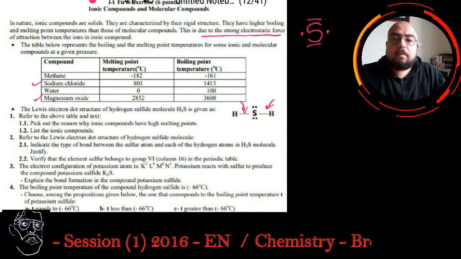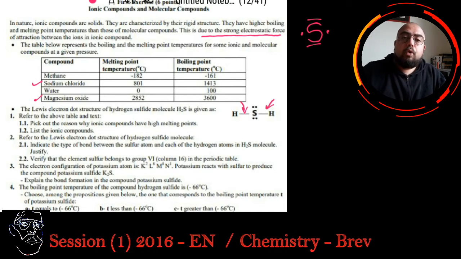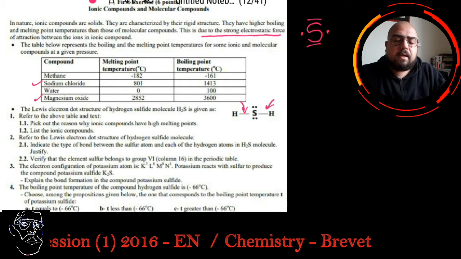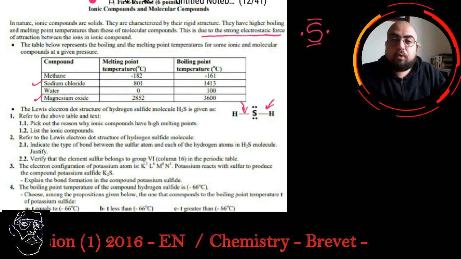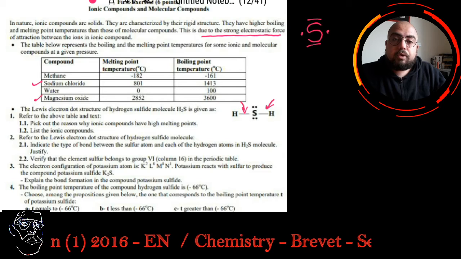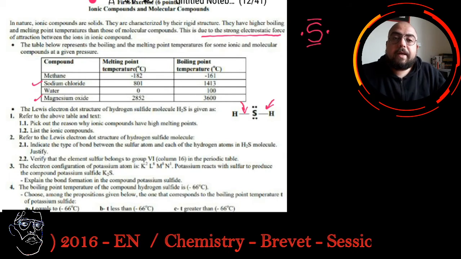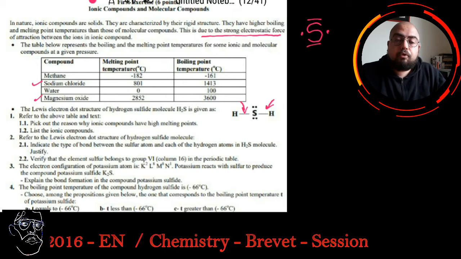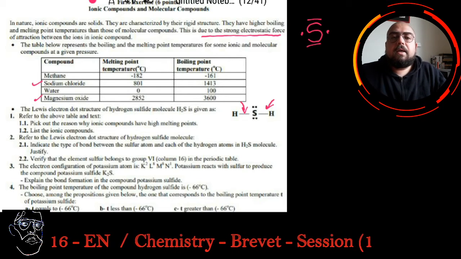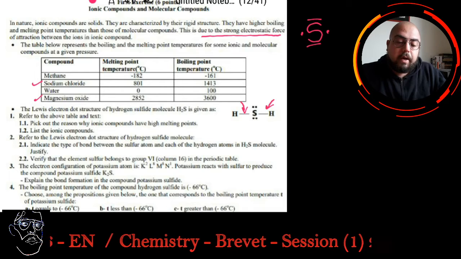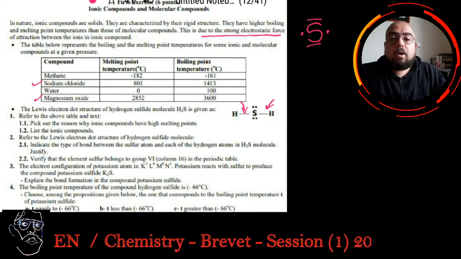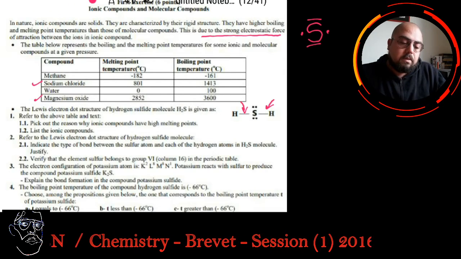As for potassium, it has a tendency to lose the valence electron in order to obey the octet rule. So K will be transformed to K+, S will be transformed to S2-. There will be a mutual attraction between them, and they will form an ionic bond. So this is how the bond is formed in this compound.